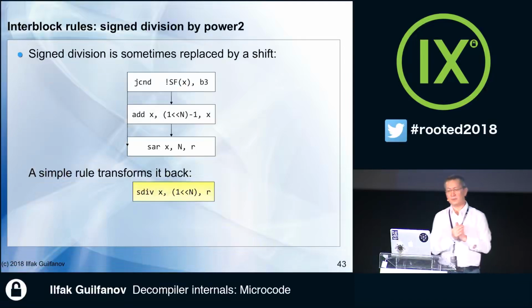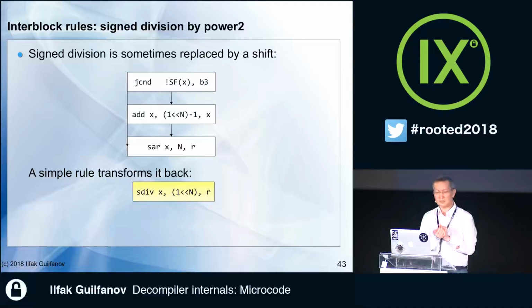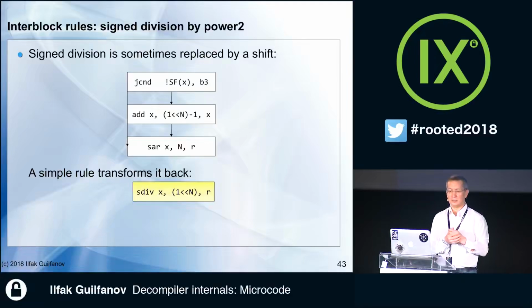Another example of an interblock rule. We have three blocks, jump conditional if the value is less than 0. If it's not less, then we jump to the shift instruction, otherwise we add something to the value, and this rule gets transformed into a sign division.